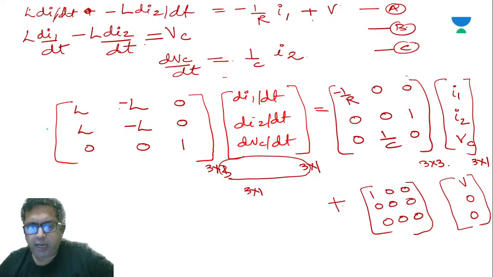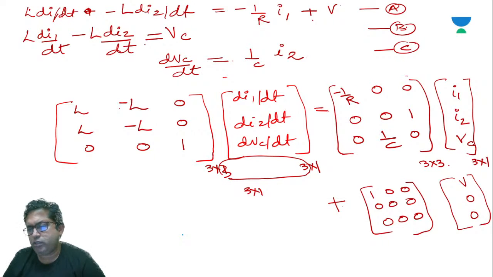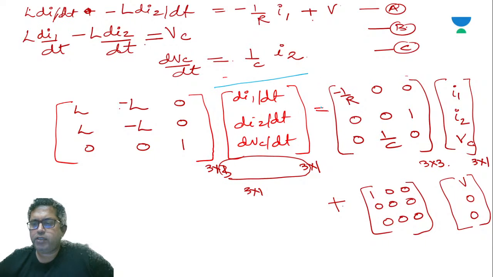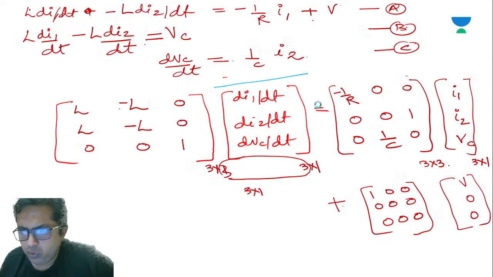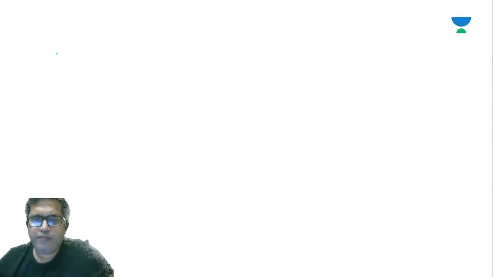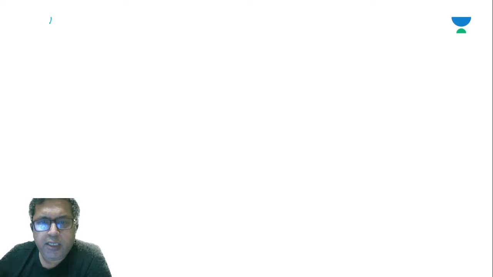Let us say that, sorry, these are the equations. We need only derivative terms on the left hand side. Okay, so let us say this is the E matrix.